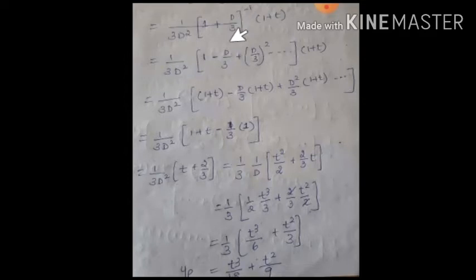What is x here? D by 3, I have substituted. Plus x square. The general formula I am telling orally and I have written directly the value of that. X square, what is x here? D by 3 whole square. Here I thought from this term onwards it is not required to write it down. D square, second derivative.